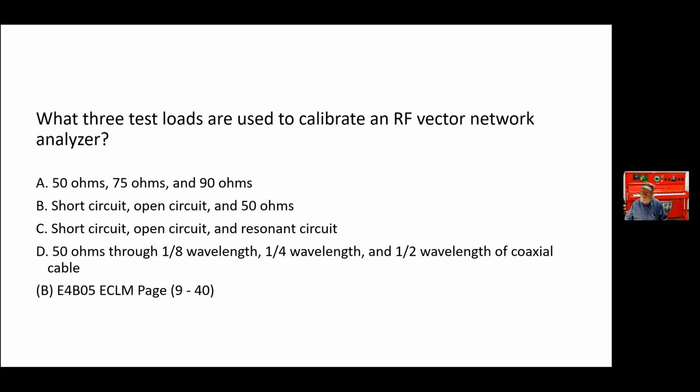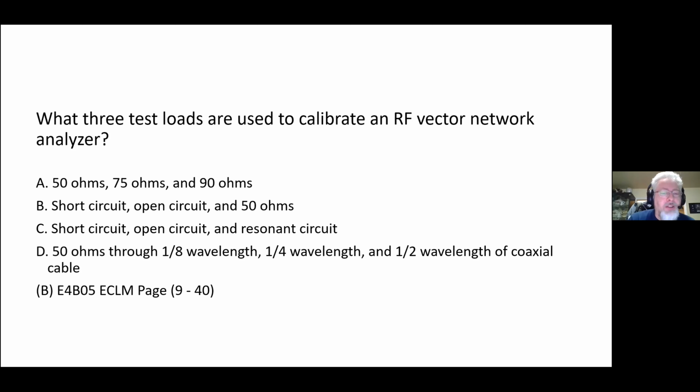What does 75 ohms tell you as far as an SWR? Bill, I saw your mouth open. Fill us in, Mark. You can use it to check your 1.5 to 1 SWR. Okay. Thank you, sir. It's not misleading, but yeah, the B is correct as far as to calibrate.